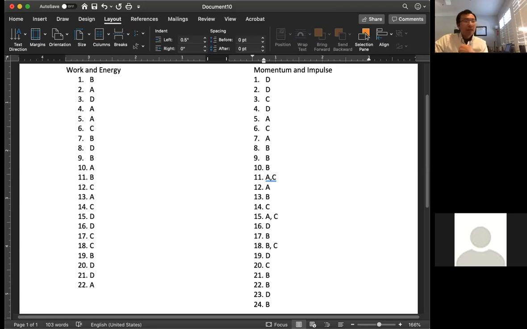Right. So basically they should have the same amount of linear momentum, but for the larger mass, the speed should be smaller.